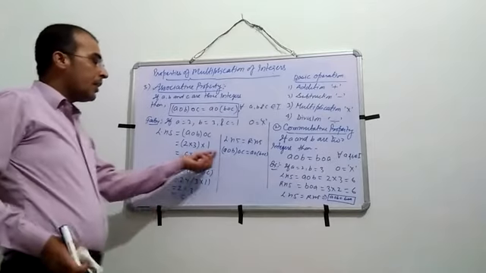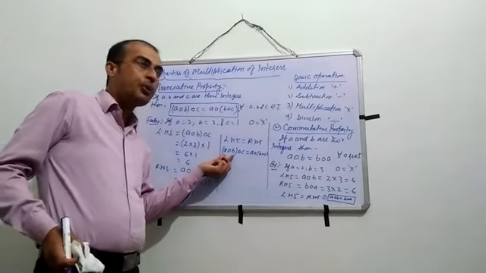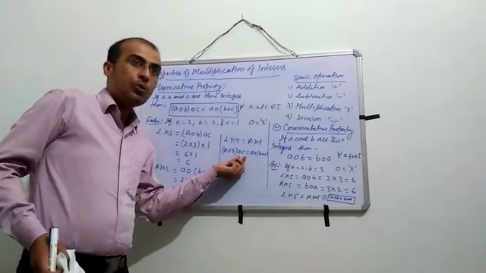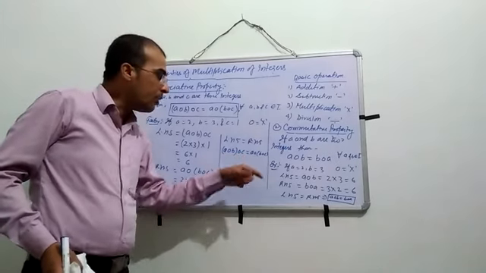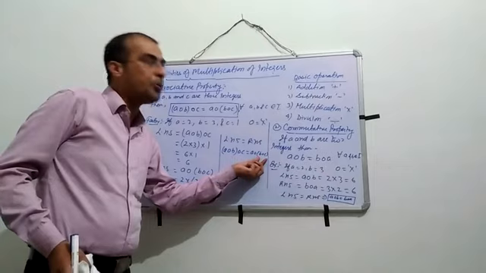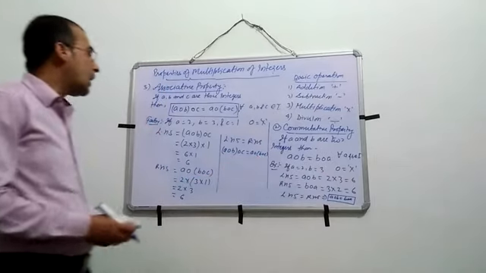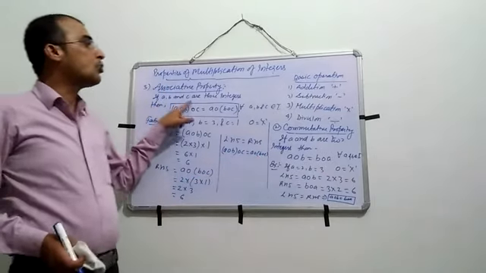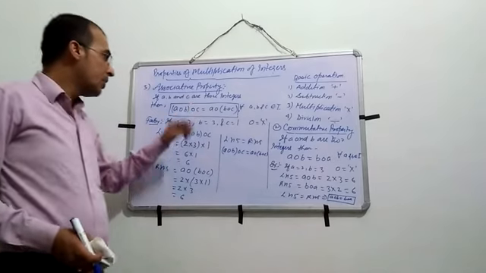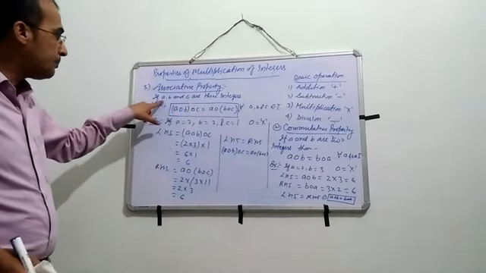It means (a into b) into c equals a into (b into c). It means that the associative property is true for the multiplication of integers. Again I am revising.